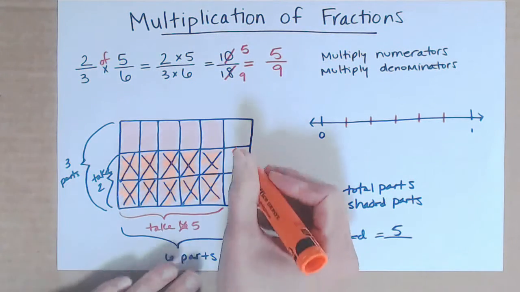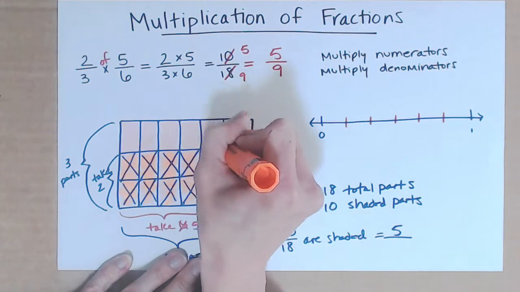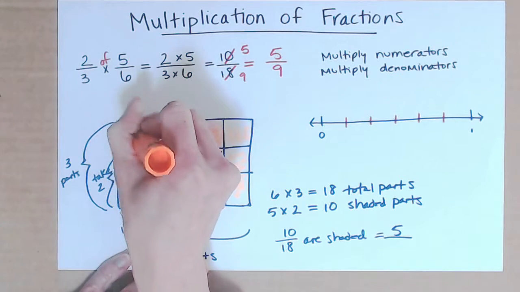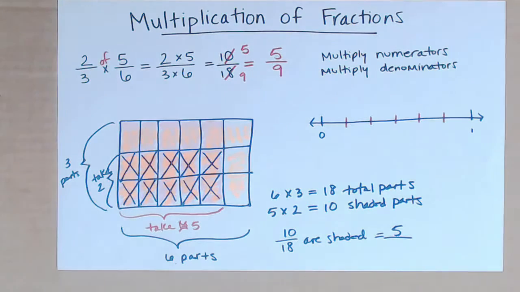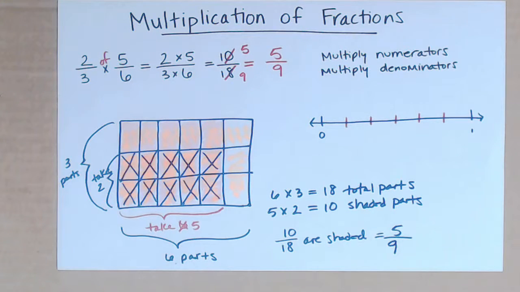Let's continue: 5, 6, 7, 8, 9. All I did is combine every two rectangles into one bigger rectangle, showing that 10/18 is the same as 5/9, which we reduced up here. Okay, so that's our first method.